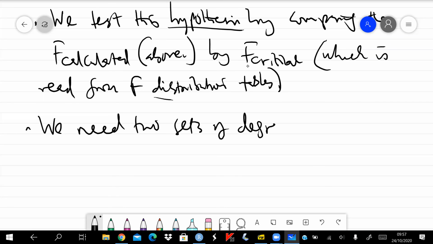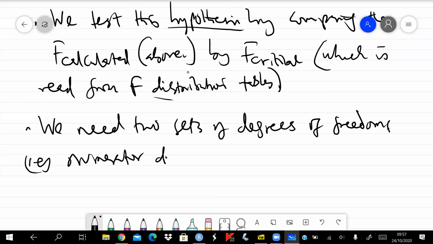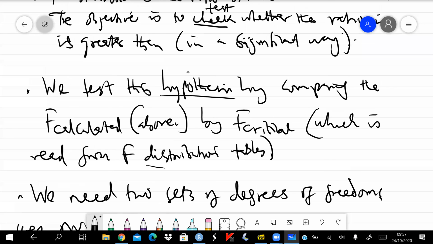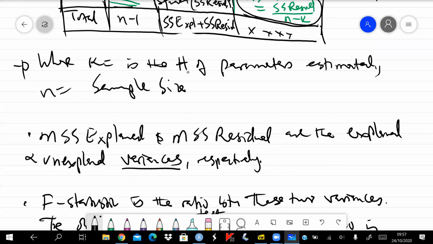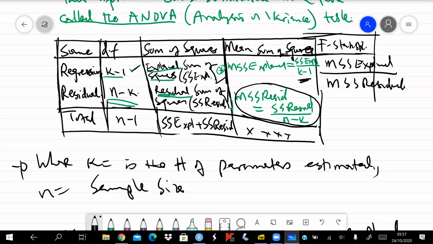Okay, then we also need two sets of degrees of freedom. That is the numerator degrees of freedom, which will be given by this.